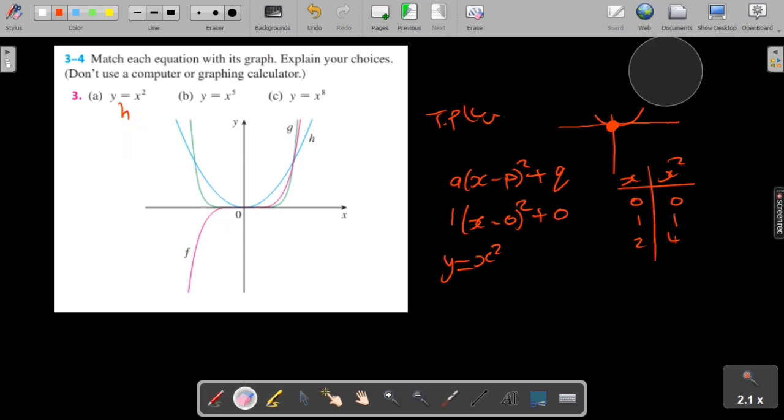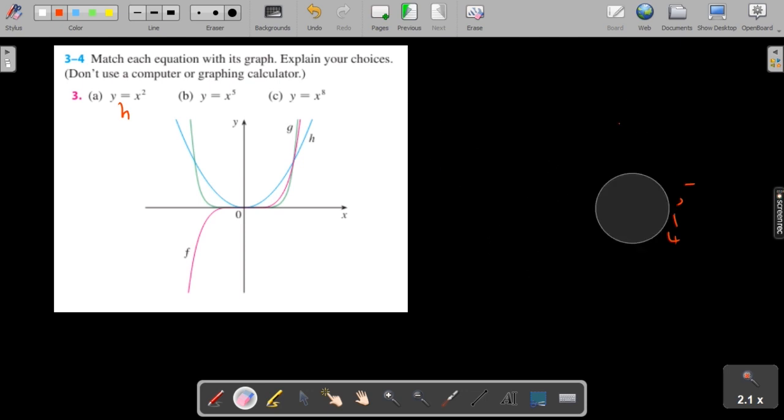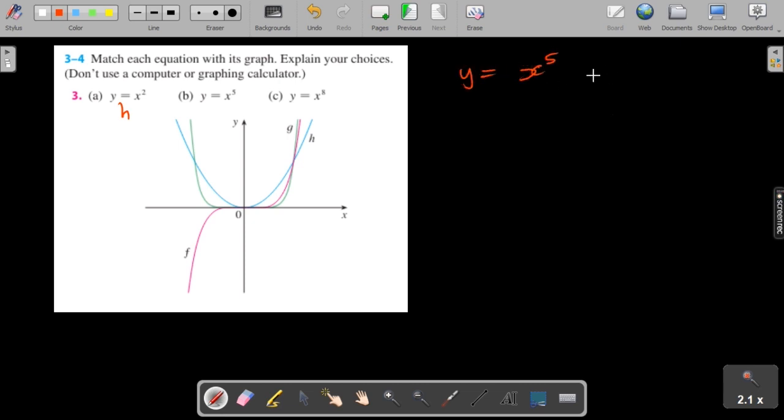Moving on to x to the power 5. So that one has an odd power. So whenever you have a polynomial that has an odd power, it can be closely associated with y equals x cubed, which looks like this, or in its other form like that.